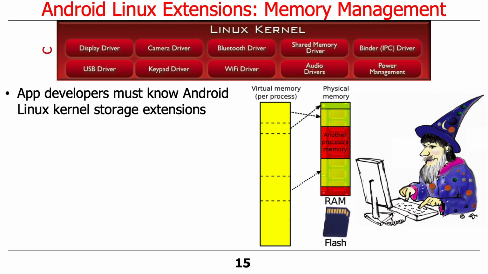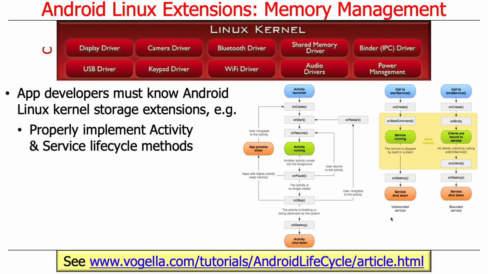And as a result, you have to know how to save the state, and there's a variety of different ways to be able to do that. And the way to do this is to properly implement these lifecycle methods on Android components like activities and services.